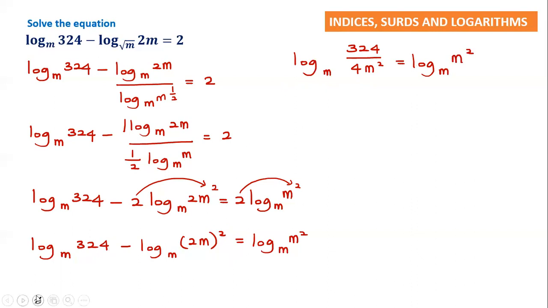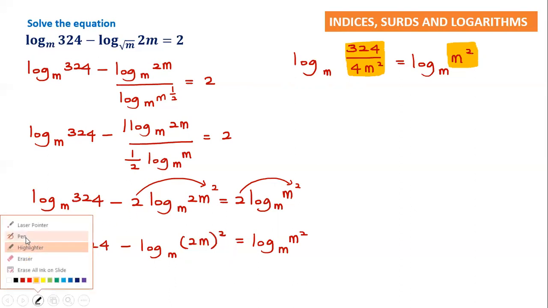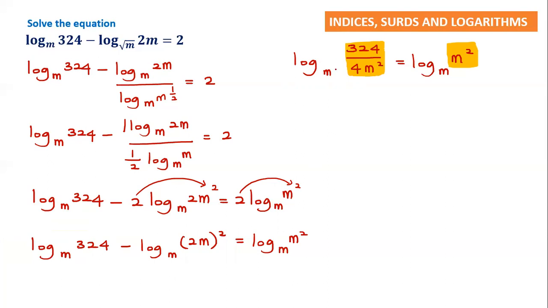Again, we are already into another step. Look at this step. Listen, class. This one can be equal to this one. Why can it be equal? Because both sides we already have the log with the same base, so we can make these two equal. Some teachers will cancel off this.